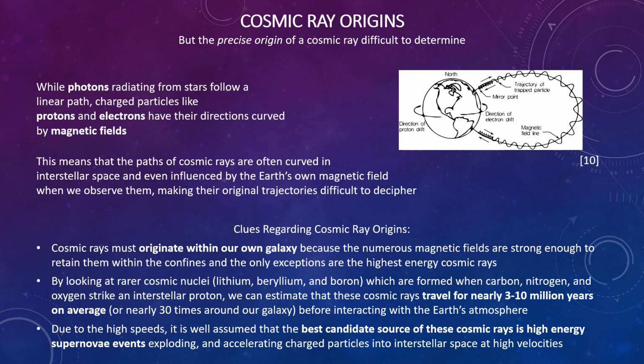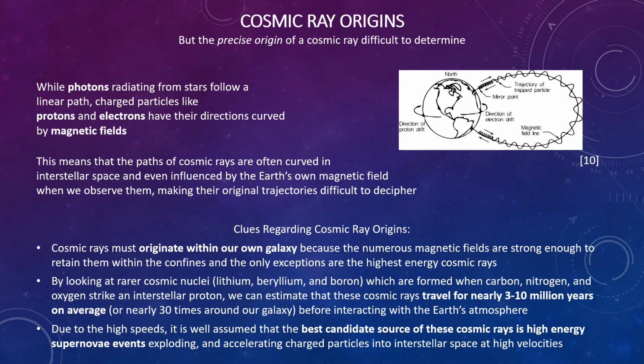This means that the path of cosmic rays are often really curved in interstellar space and are even influenced by the Earth's own magnetic field as they get closer to us. So when we observe them, it makes finding their original trajectory incredibly difficult to decipher because it went through a lot of changes due to the various magnetic fields in space and around the Earth. So there are a few clues regarding cosmic ray origins.